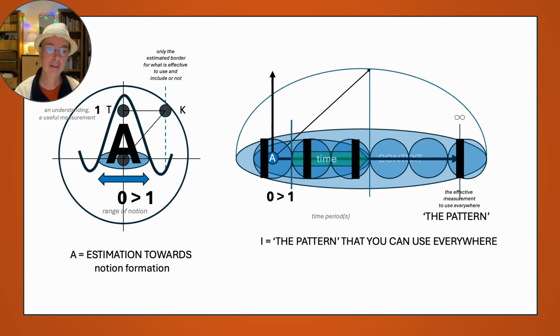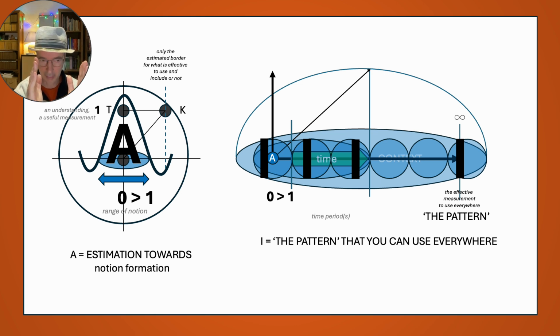So this I is actually the right borderline between the wave of our understanding, from in between where we can have a good estimation and good measurements.